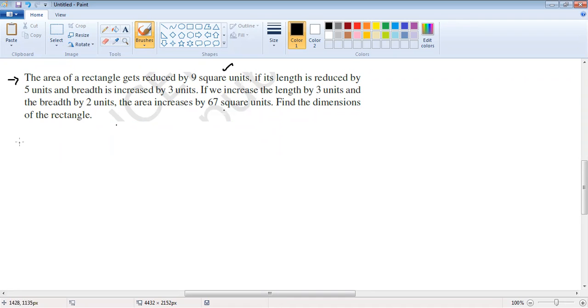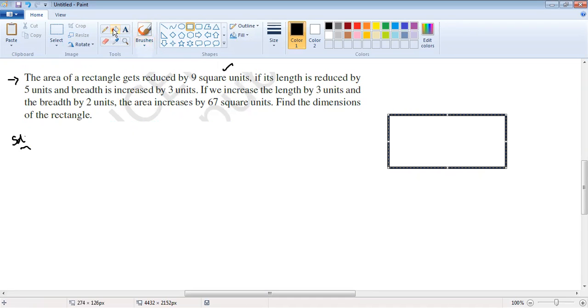So let us assume the sides of the rectangle: length is x, breadth is y. Please write it as x and y. Now, if its length is reduced by 5 units and breadth is increased by 3 units.